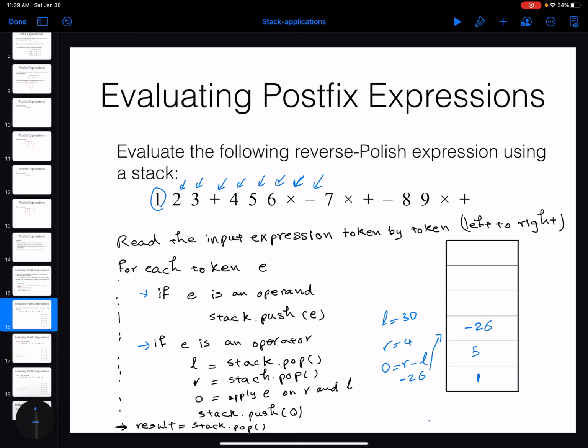Okay, and let me erase this part. The next token that I am seeing is going to be 7. This is an operand, push it. The next token is an operator. What I am doing is, again, pop.